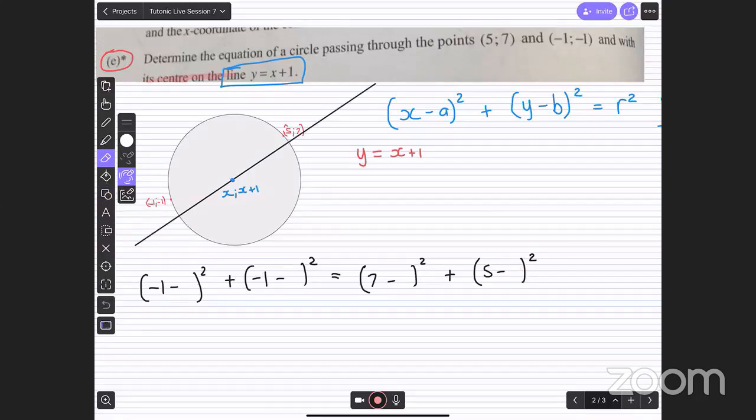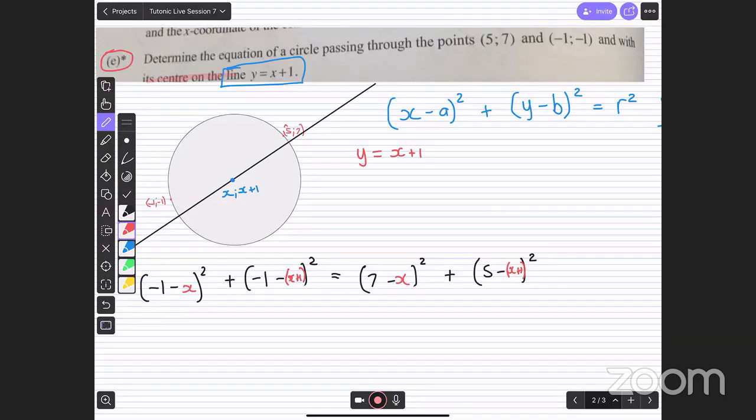What is a and b in the circle equation? What did we say? The x and y coordinates of the center. Right. So now all I'm doing is subbing in the x and the y coordinates. So now it looks a bit messy, but let's get it looking nice.